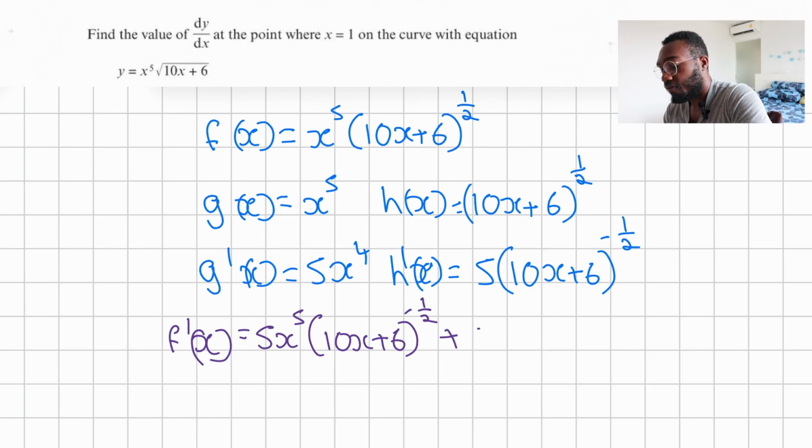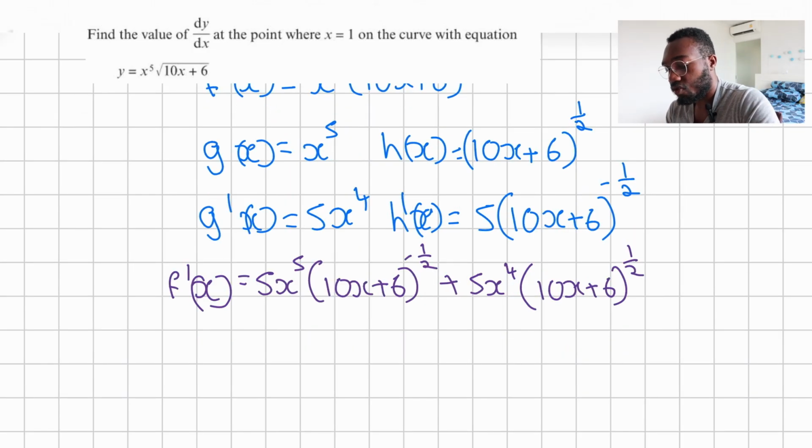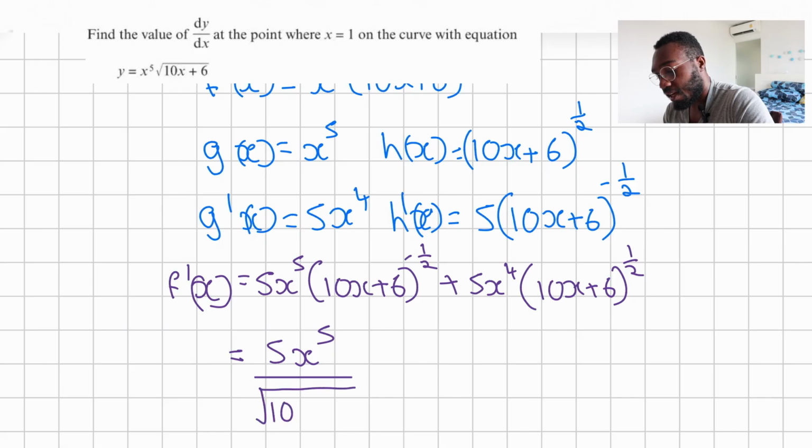So that will be 5x to the power of 4, and then 10x plus 6 to the power of a half. Okay, and if I just rewrite this, that would give me 5x to the power of 5 over the square root of 10x plus 6.